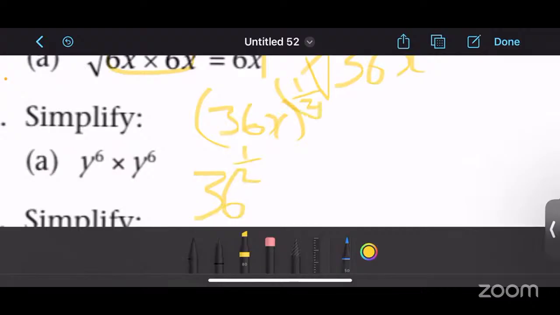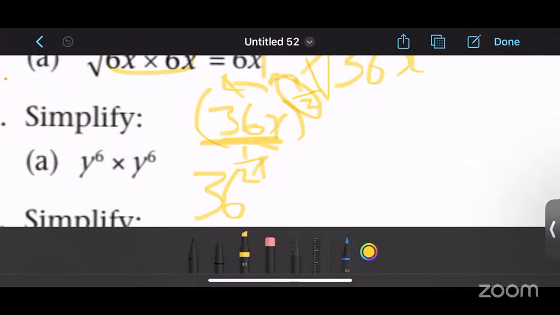Remember, we said the exponent outside the bracket is going to multiply every exponent inside the bracket, given that there is no subtraction or addition between these terms inside the bracket, okay? It's going to be 36 to the power of 1 multiplied by 1 over 2, right?